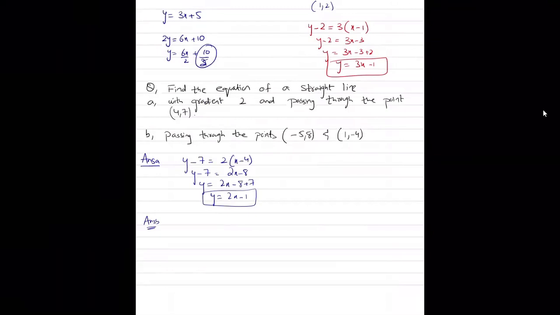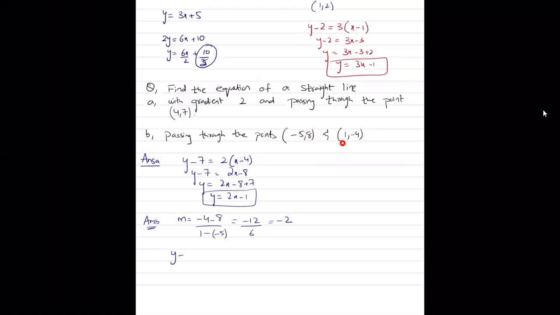But for the second part, you have just been given the 2 points the line passes through. So the first thing we do is calculate the gradient: y2 minus y1 over x2 minus x1. That is minus 12 over 6, which is negative 2. Then you can use this form again, y minus y1. You can use any point.